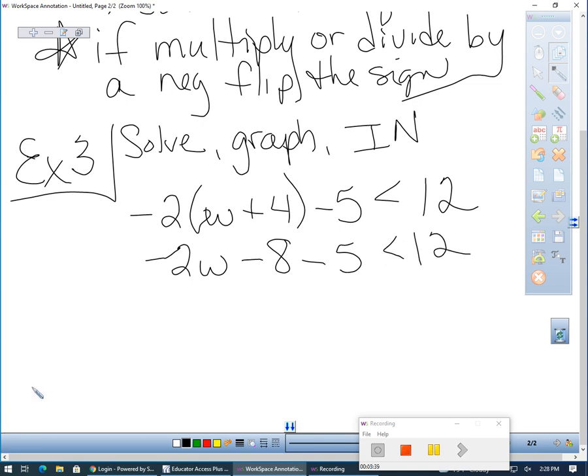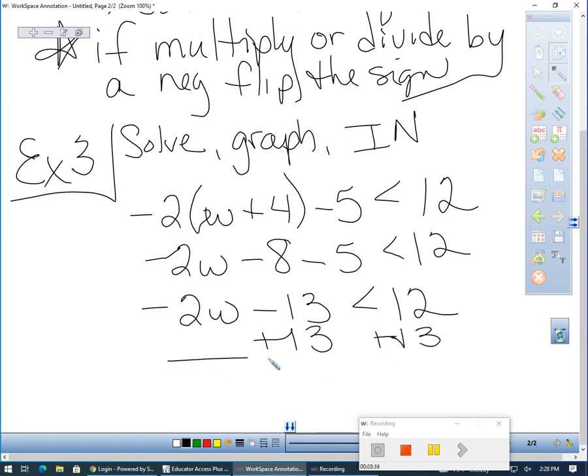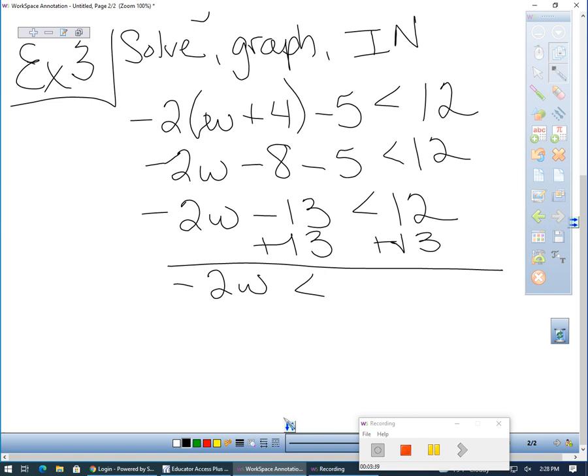Combining like terms. So negative 8 minus 5 is negative 13, right? It's less than 12. Good. Add 13 to the 12. Plus, plus. So I have negative 2w is less than what? 25.